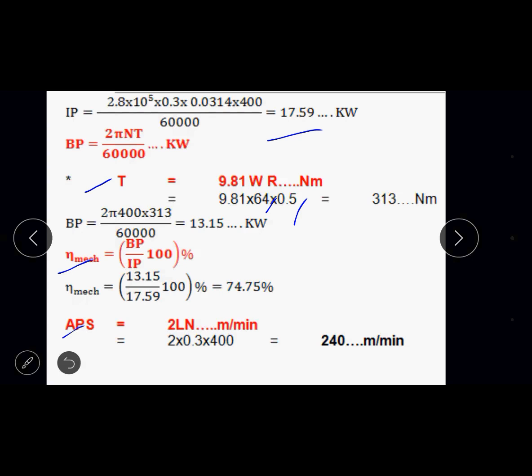So double the stroke of the piston and the crankshaft speed: 2 into 0.3 into 400, it will give you 240 meter per minute. This is the average piston speed. That means it covers 240 meter in 1 minute. You can imagine that 240 meter of distance is covered by the piston in 1 minute.